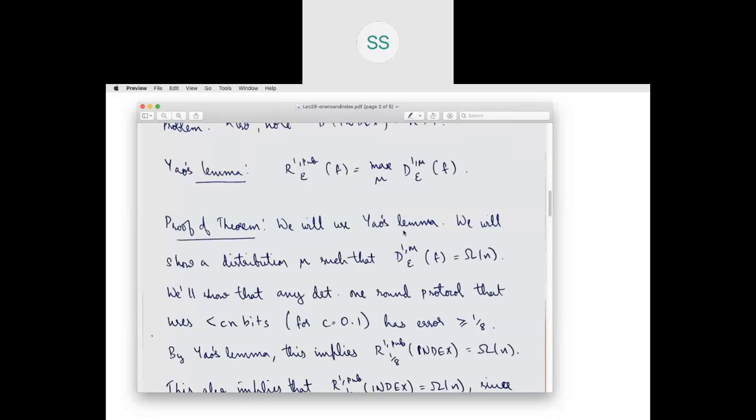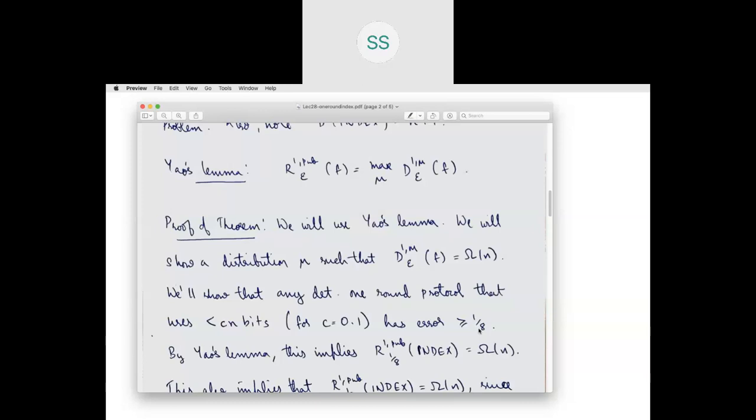So what we will do is we will show a distribution mu such that the one round distributional complexity under that distribution is linear. So how? We'll show that any deterministic one round protocol that uses at most Cn bits, so in our proof C will be 0.1, anything that uses at most 0.1n bits has error at least 1 over 8.